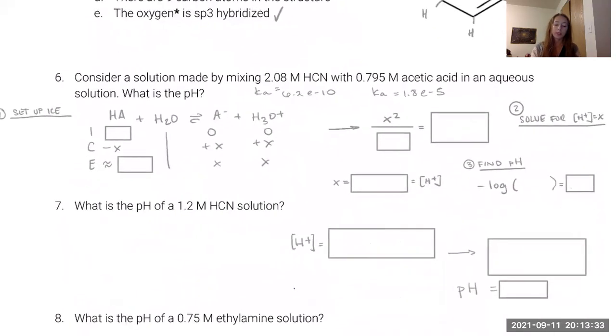Okay, so now for number 6, we're looking at a solution of HCN with acetic acid, and we need to find the pH. Those are 2 acids. And if you remember, I've been saying that we can't mix acids with acids like this. It's not going to work. So what we're actually going to do is pick the acid with the strongest Ka value.